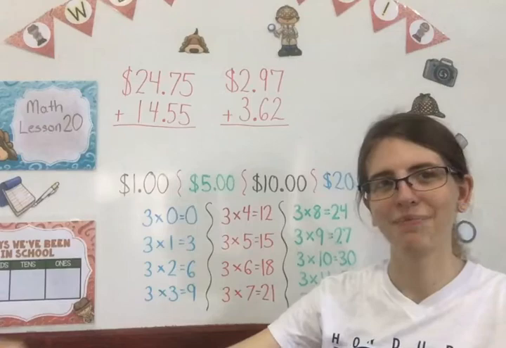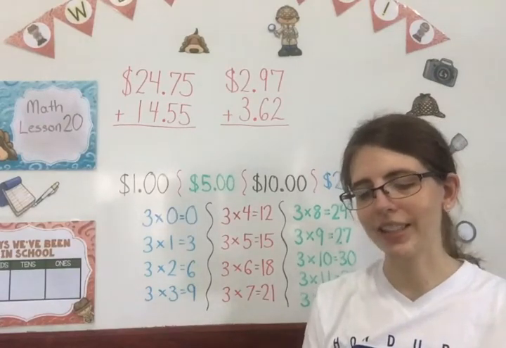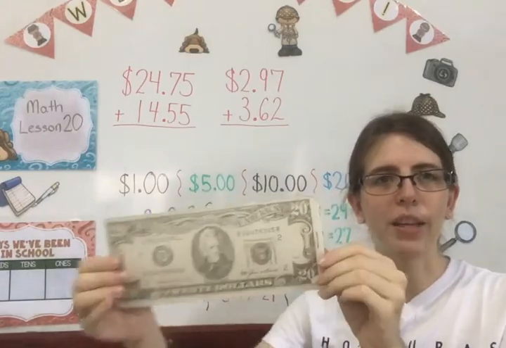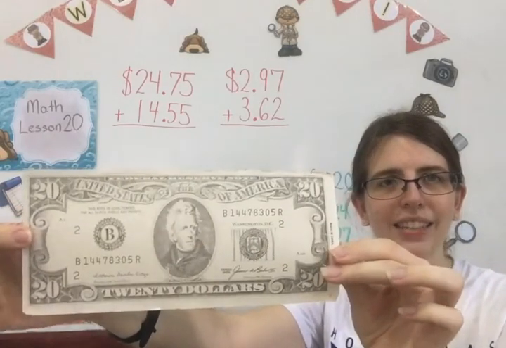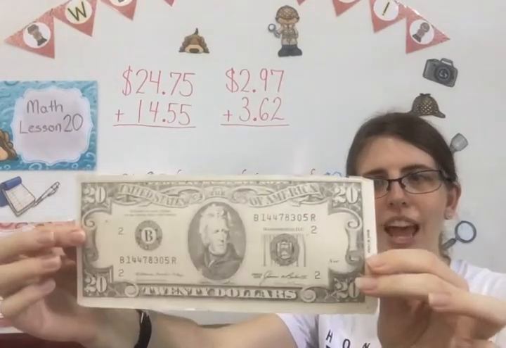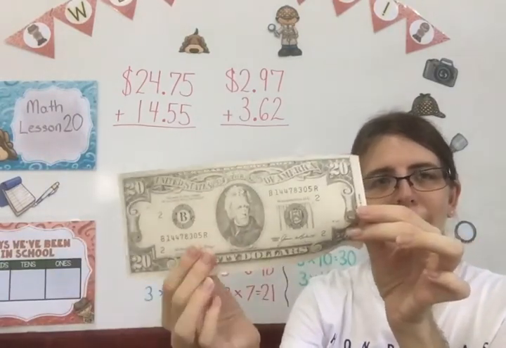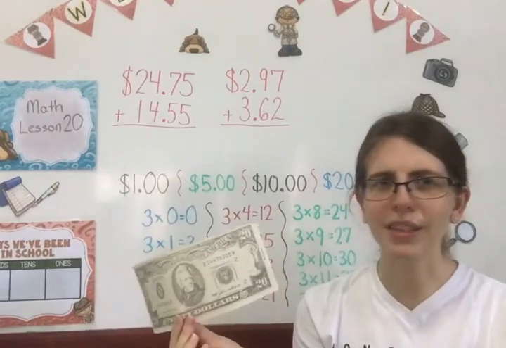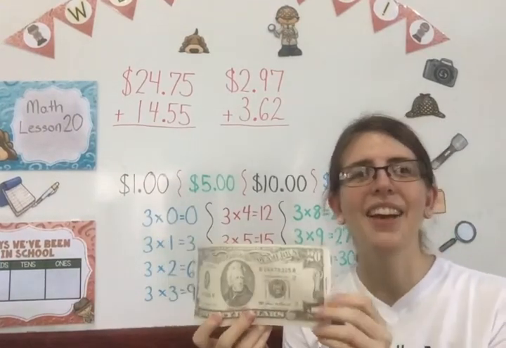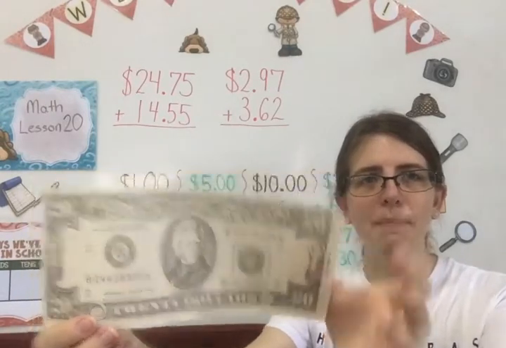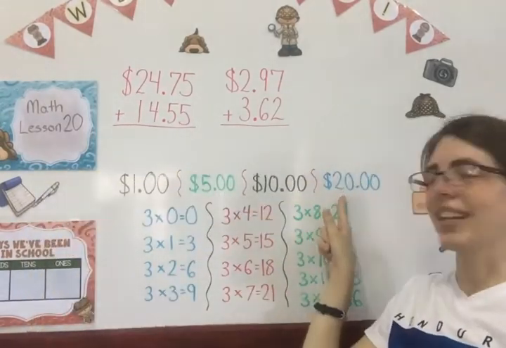And the last one we're going to talk about today is the $20 bill. Right here we have our president, Andrew Jackson. You don't need to know the names of these presidents. Don't worry, this is just for your side information. So the $20 bill has a big 20, and it would be written like this, $20.